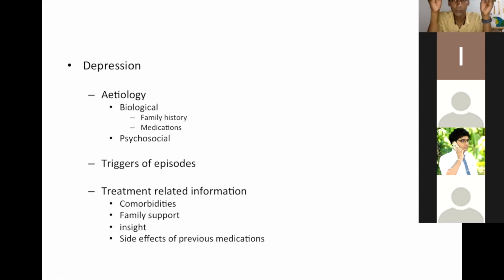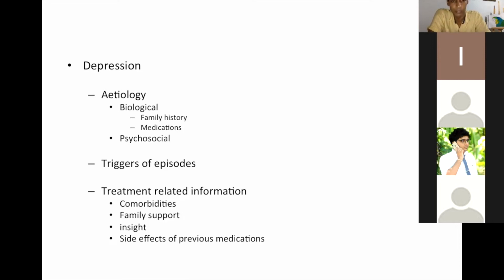And we would like to know the patient's insight about their illness, because if the patient doesn't think that they need medications, or if they don't have trust in, let's say, Western medication, right? Some people say they prefer Ayurvedic medications or traditional healing. That means that they don't have a lot of trust in our way of treating them, and we need to inquire about that to build a good therapeutic relationship.